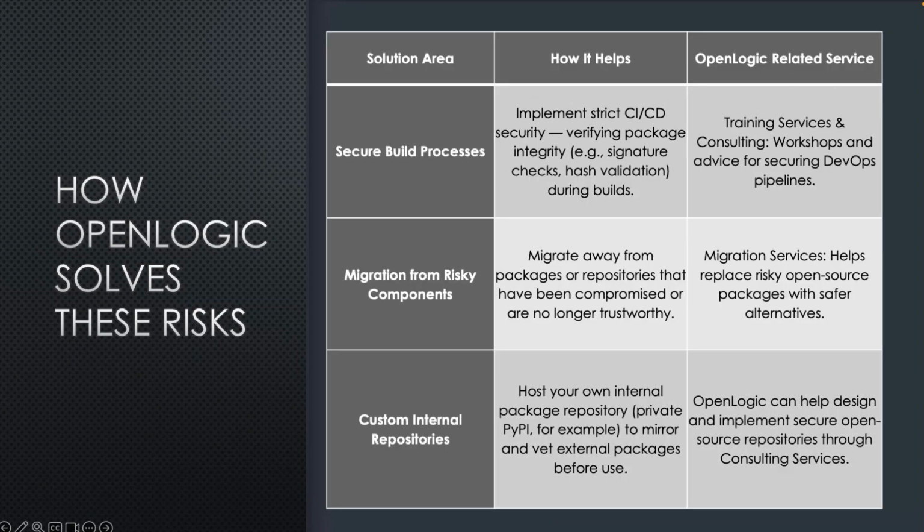And when you have a CI/CD process, the deployment, delivery and integration process, as I mentioned, you should have code scanning, runtime scanning, and you should also verify the package integrity, check the hash or others.